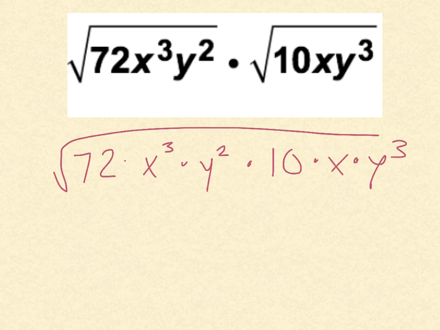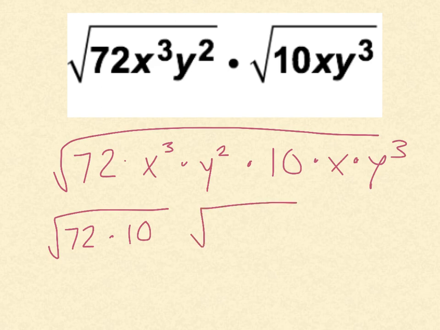Or we can make separate square roots, one with the numbers, 72 times 10, and one with the x's. x cubed times x is x to the 4.